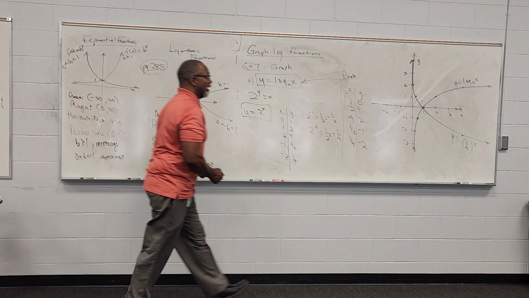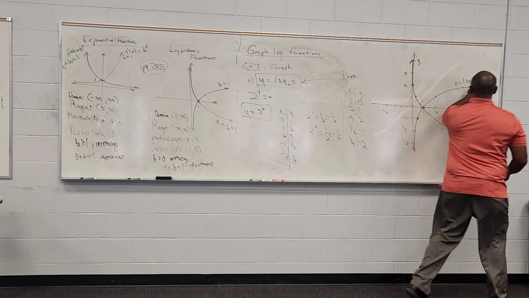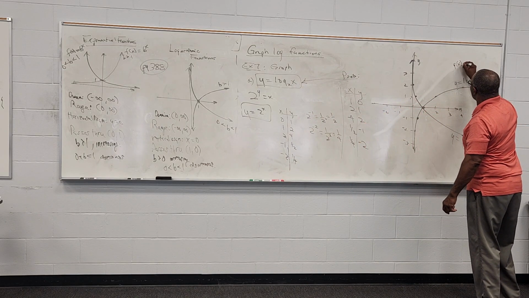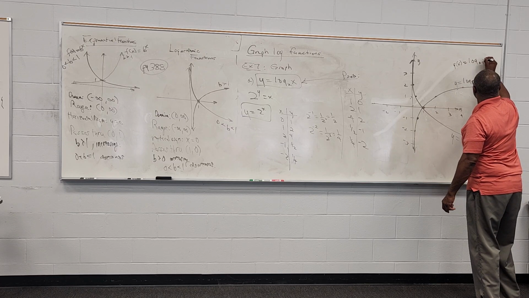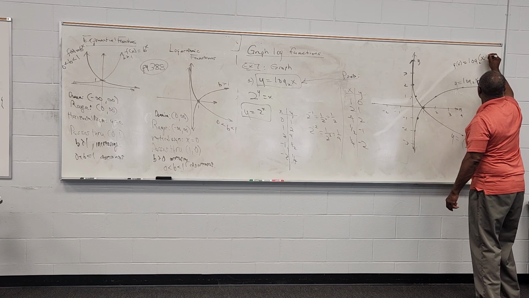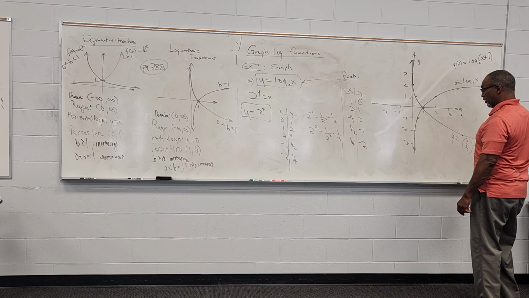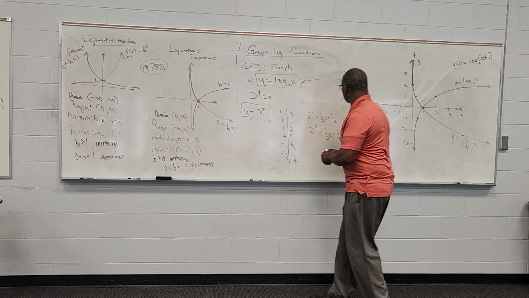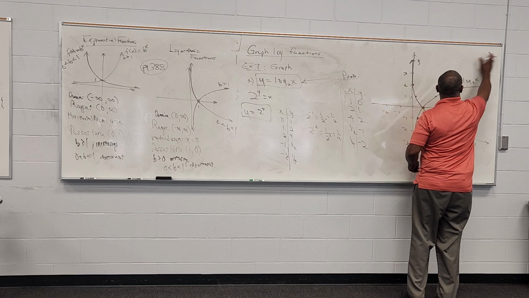So if I have this graph, y equals log to the base 2 of x, right? If I wanted to graph g of x equals log to the base 2 of x plus 1, right? Do it in red.